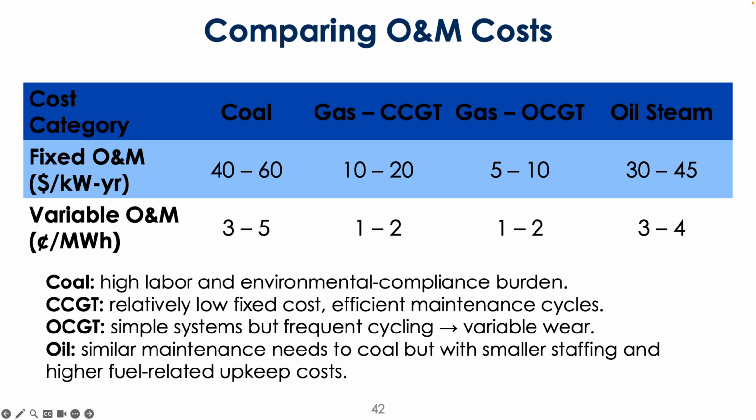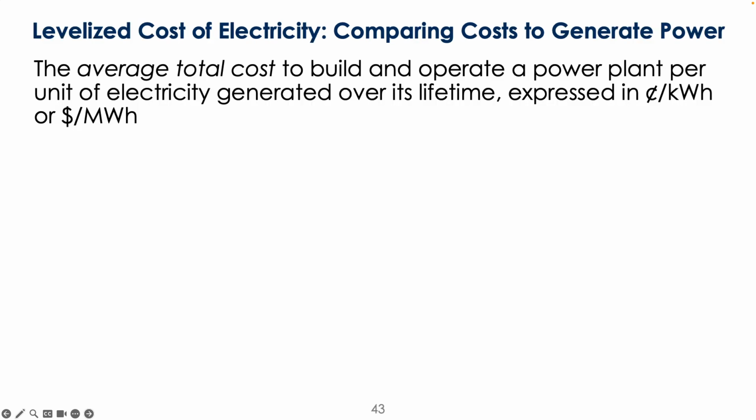Okay, and so when we think about the economics of these things, there's a lot to keep in mind, right? How do we actually compare the cost to build something that generates electricity for us? Luckily, there is a nice little catch-all that folks in the electricity sector, and actually more broadly in energy, use as a way to do a more apples-to-apples comparison, which we call the levelized cost of electricity.